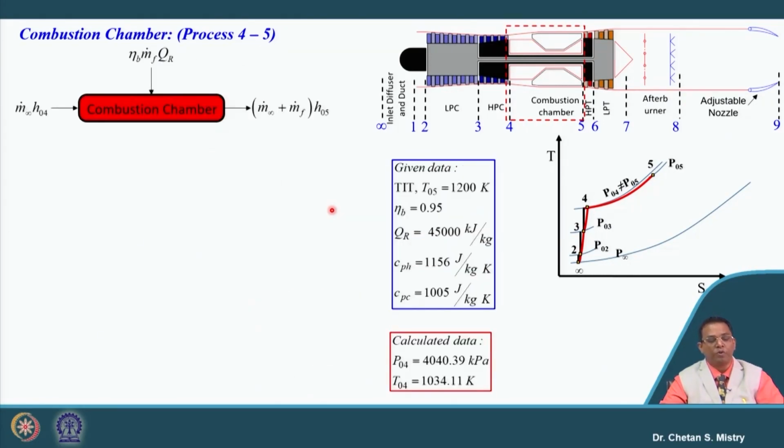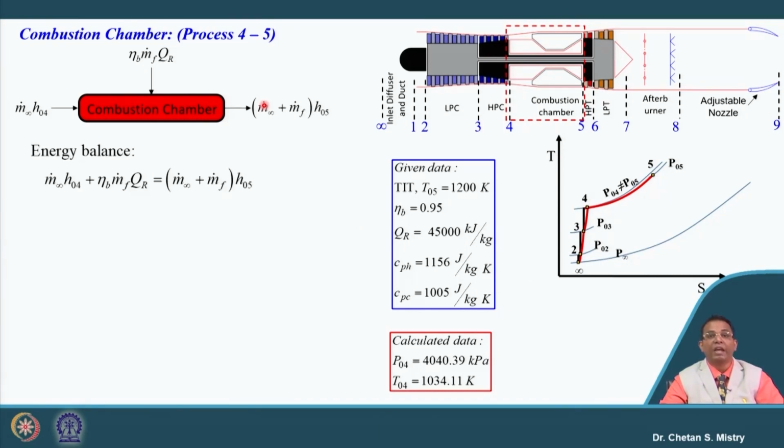Let us try to put the energy balance here. Suppose I consider this is my combustion chamber, this is representing my entry condition to the combustion chamber. This is the amount of fuel we are adding, with say burner efficiency or combustion chamber efficiency, and this is the amount of heat or energy leaving the combustion chamber.